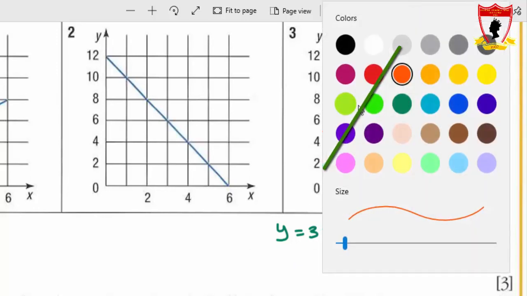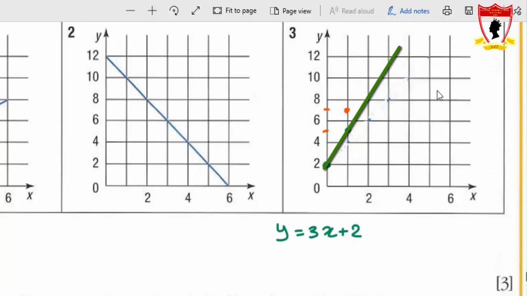Then I can say this point, which belongs to the line L, and this point, by joining these 2 blue points with a straight line, we can get line L because it's parallel to the line of this equation. Okay, now to write the equation of line L, it passes through 4, then there must be a plus 4.